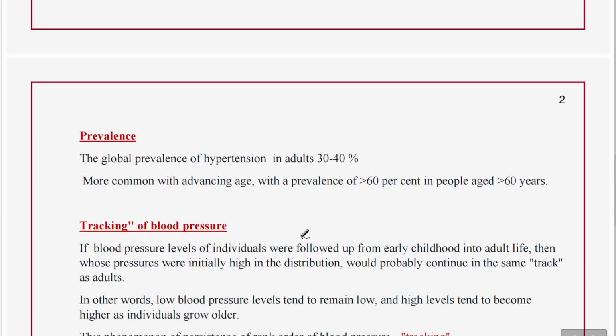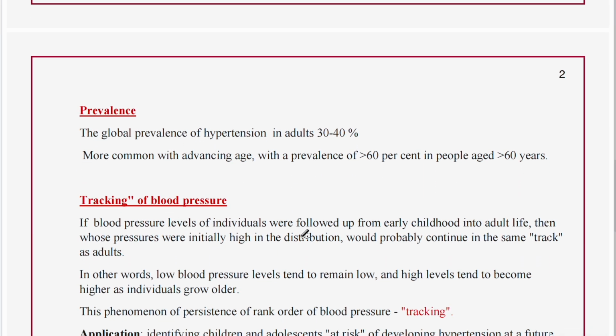Next is about the prevalence of hypertension. The global prevalence of hypertension in adults is around 30 to 40%. And hypertension becomes progressively more common with advancing age, with a prevalence of greater than 60% in people aged above 60 years.